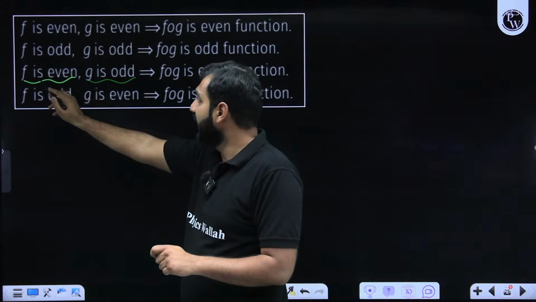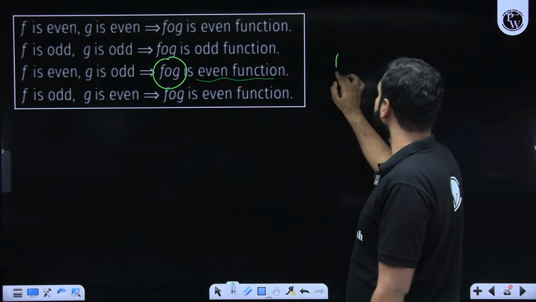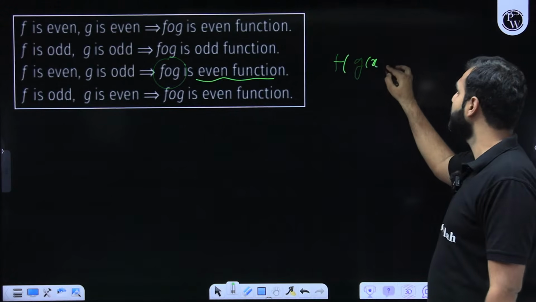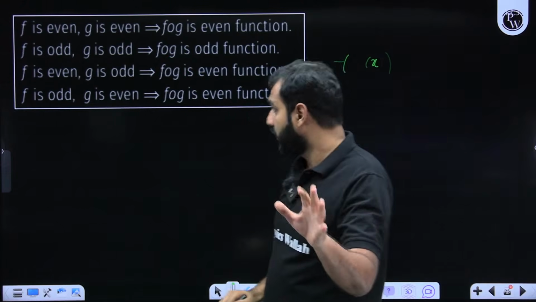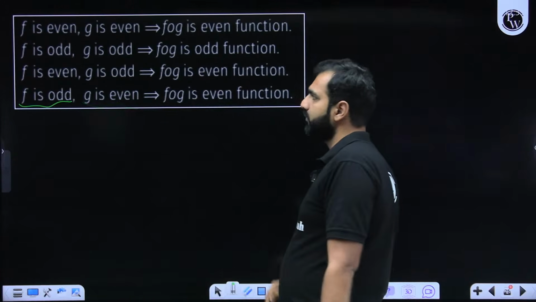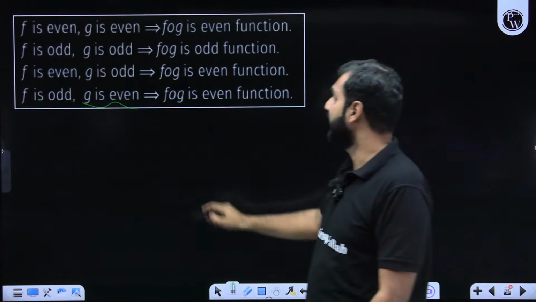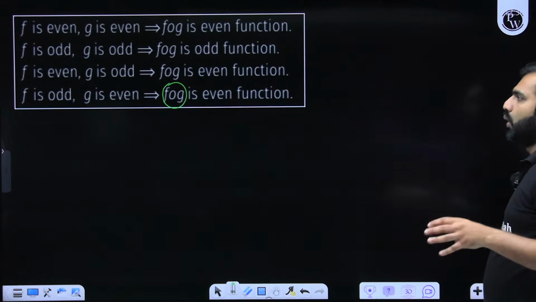If f is even, g is odd, then f of g is even. f of g means f is the outer one, g is the inner one. Vice versa is not true. What you need to understand is, if f is odd, g is even, in that case, f of g will be an even function. I hope you got that point very clearly without any confusion.